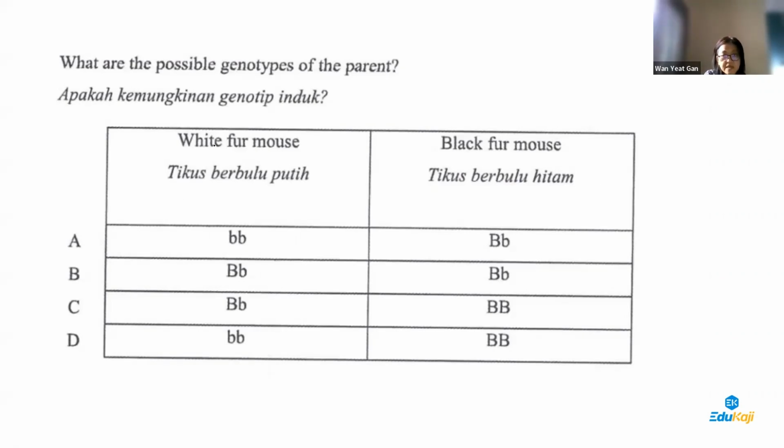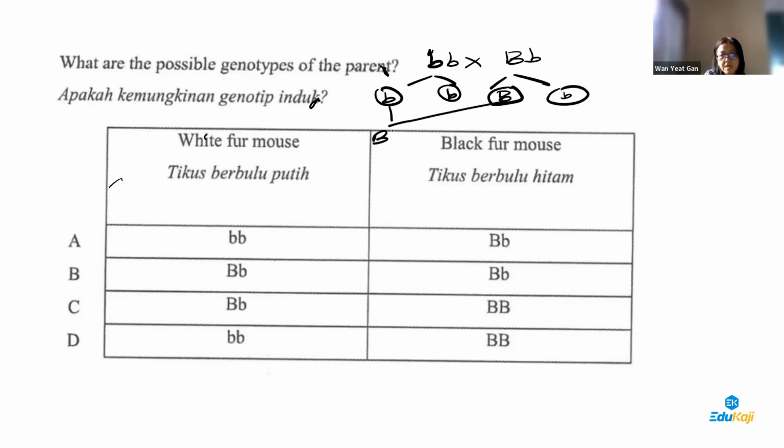Okay, let's take A. For A, it is Bb cross bb. So you get Bb, bb, Bb, bb.